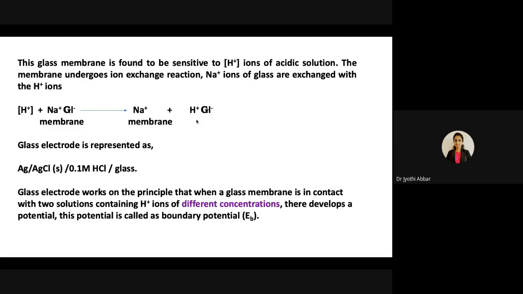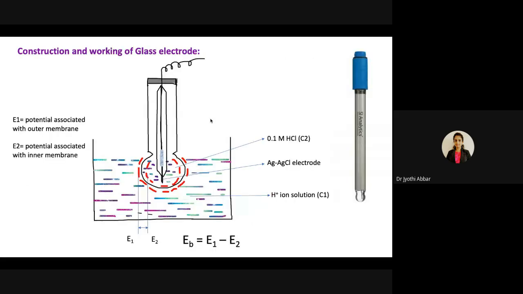So that is how the ion exchange takes place, and this is how it becomes sensitive to that particular ion. This glass bulb is filled with a solution of constant pH. Here we have taken 0.1 M HCl, represented as C2. And in order to have external electrical contact from this 0.1 M HCl, an internal reference electrode AgAgCl is dipped.